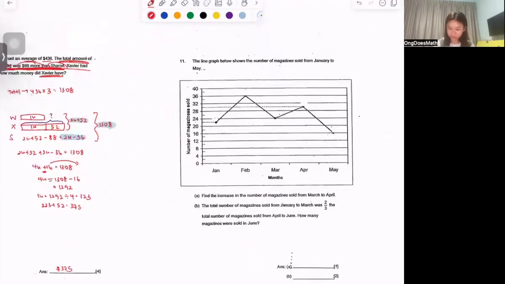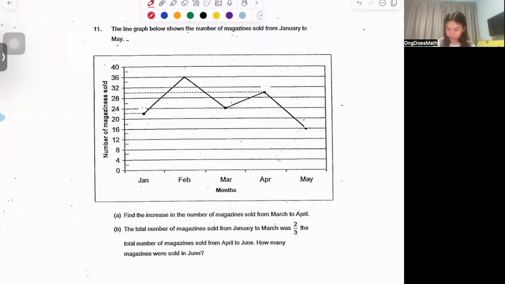Question 11. The line graph below shows the number of magazines sold from January to May. It asks you to find the increase in the number of magazines sold from March to April. And part B tells you that the total number of magazines sold from January to March was 2/3 the total amount of magazines sold from April to June.